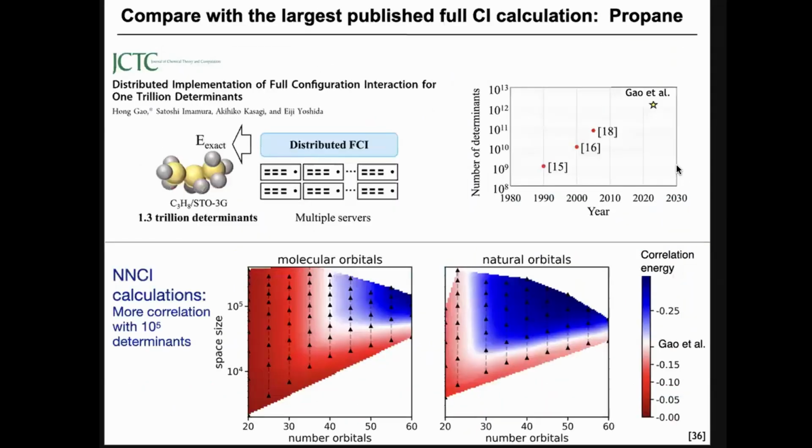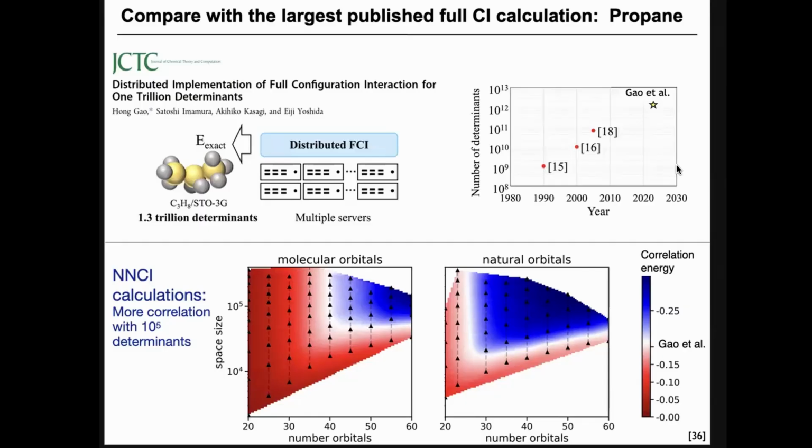All right. So here's the Guinness World Record CI calculation, which came from Fujitsu last year: 10 to the 12 Slater determinants. Here you can see the biggest CI calculation as a function of time, and here's this one by Gao and co-workers on propane, and they went up to 10 to the 12 Slater determinants.